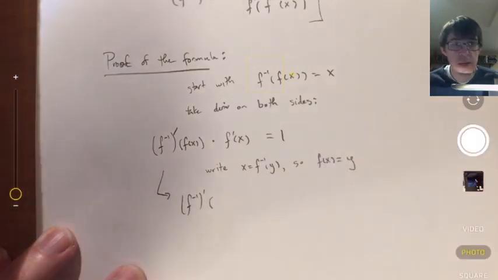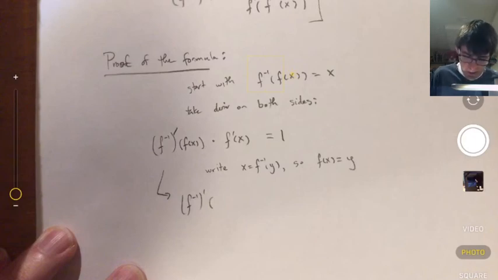If x equals f inverse of y, then f of x equals y. That's what the inverse means. And so when I rewrite this, it says f of x here, that's y, times f prime of x equals 1. Sorry, instead of this x here, I wanted to put f inverse of y: f prime of f inverse of y, because that's what x is.